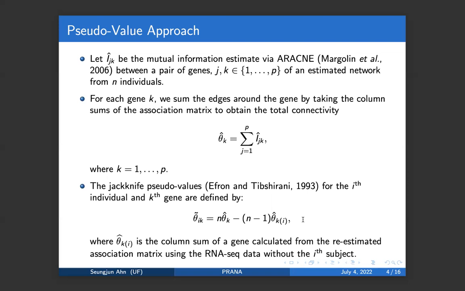So based on theta K hat and theta K parentheses i hat, we can then compute theta tilde, which is the jackknife pseudo-values.